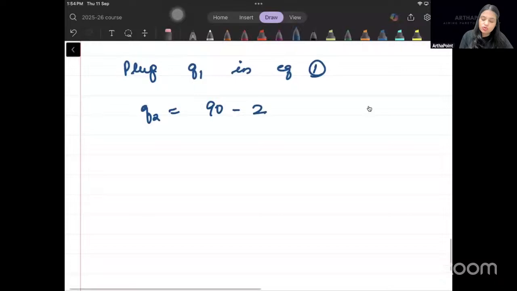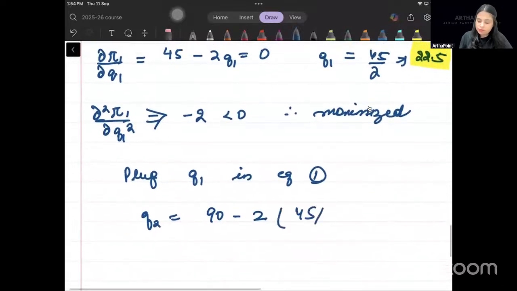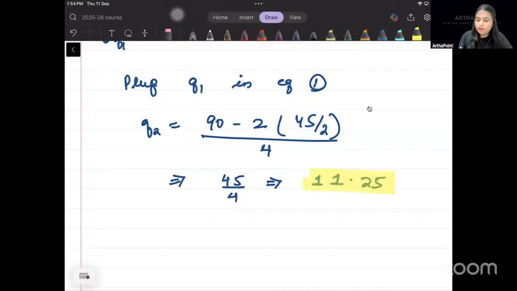90 minus 2 times Q1, what is Q1, by 4. So it will be 45 by 4, which is 11.25. Okay, 11.25.